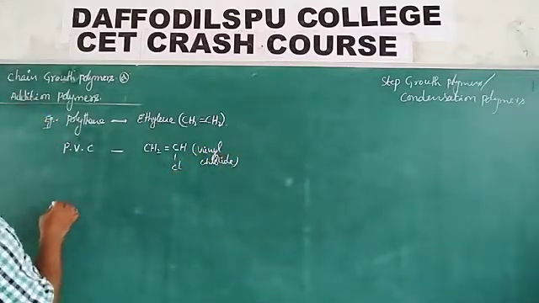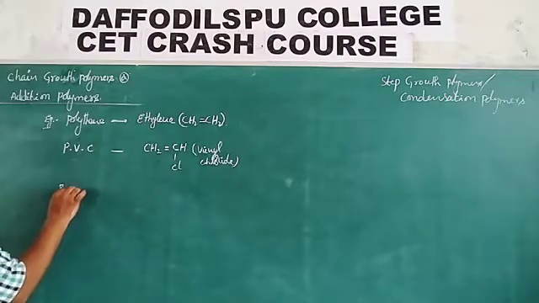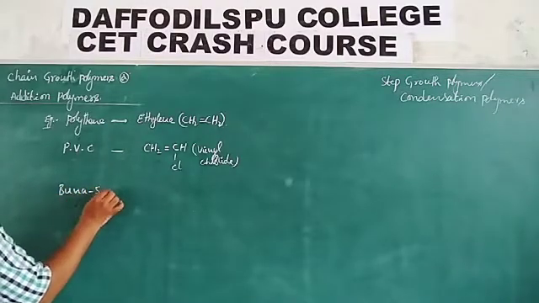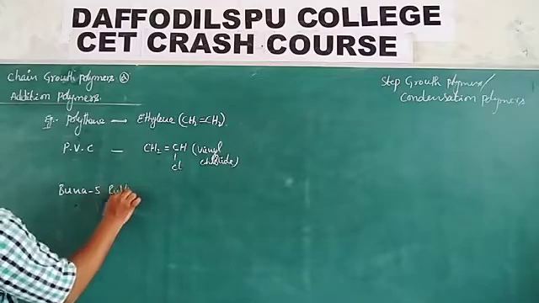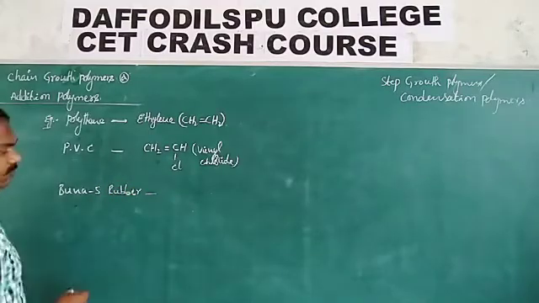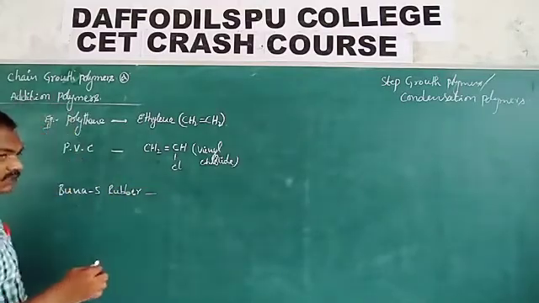Next, another polymer is Buna-S rubber. This Buna-S rubber contains two monomeric units.